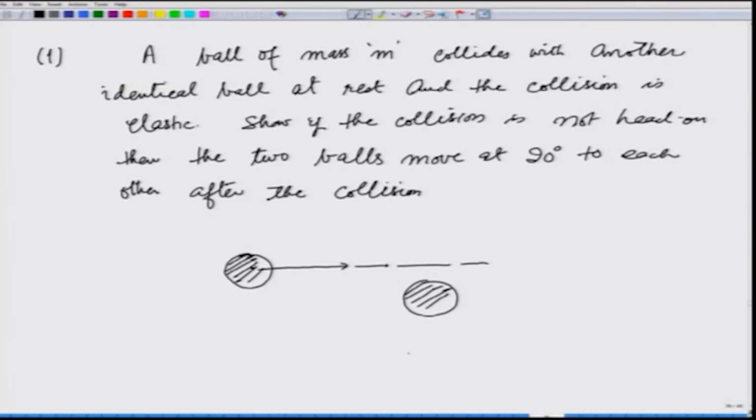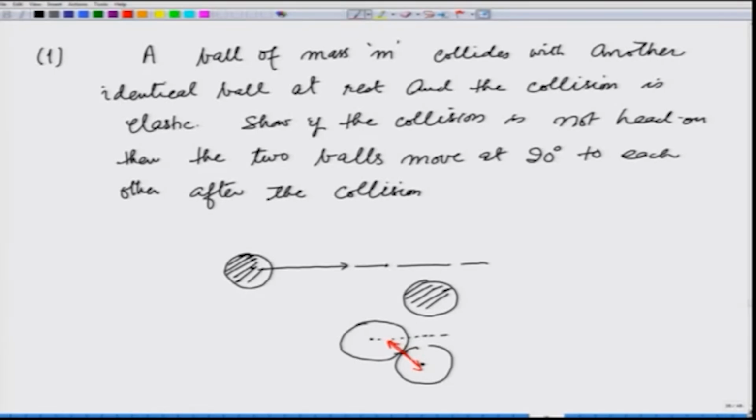Now, when it collides, it is not head on. That means the line along which it was moving, the point of contact where the collision takes place, is not on that line. You can see from the collisional point of view that as it collides, the forces are going to be perpendicular.